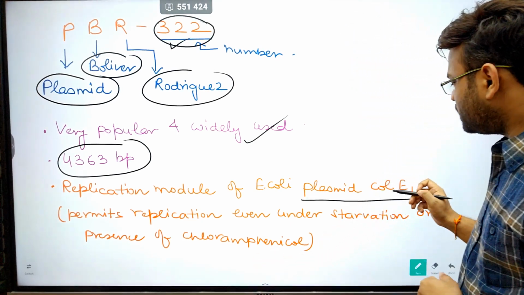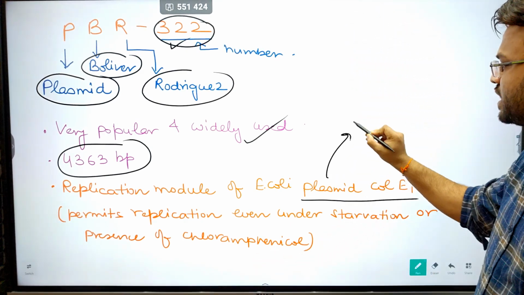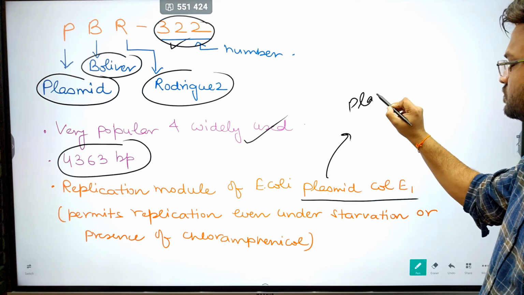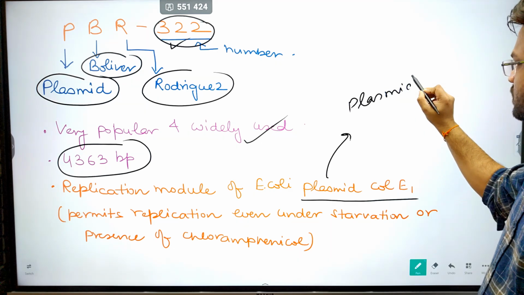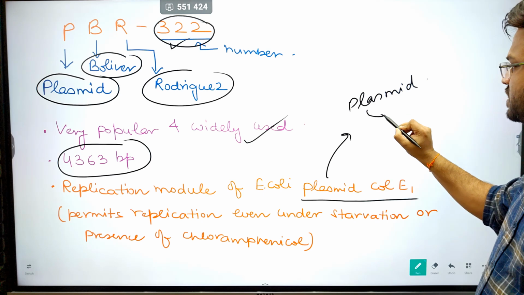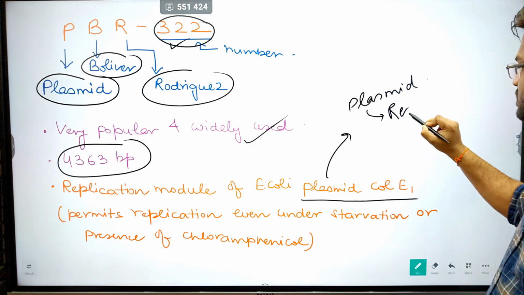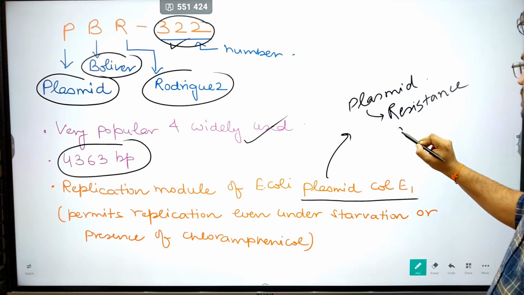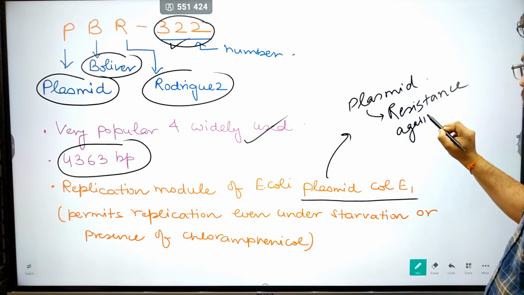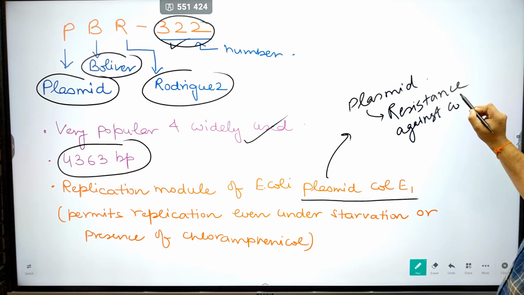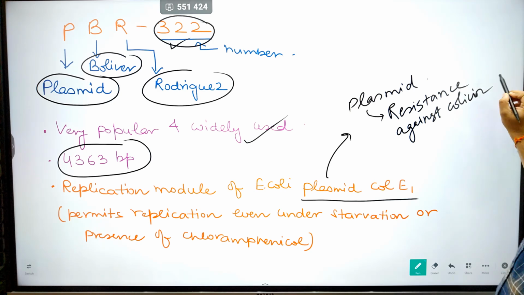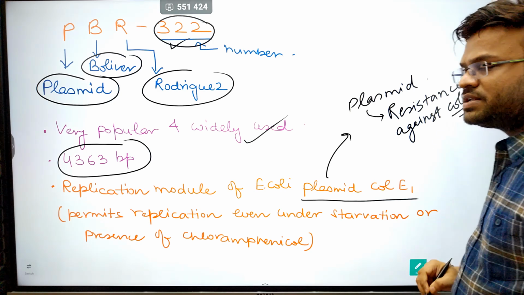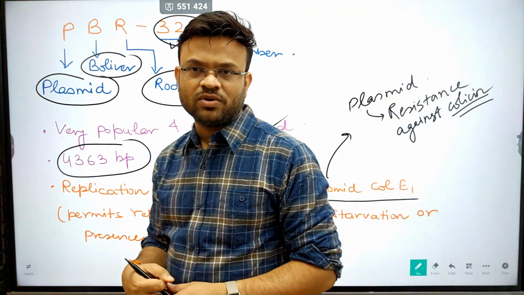Now, what is ColE1? ColE1 is basically a type of plasmid, and this plasmid is basically providing resistance against colicin. Colicin is basically a toxin that is produced by E. coli.